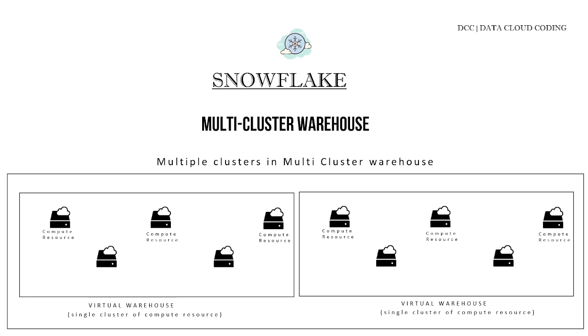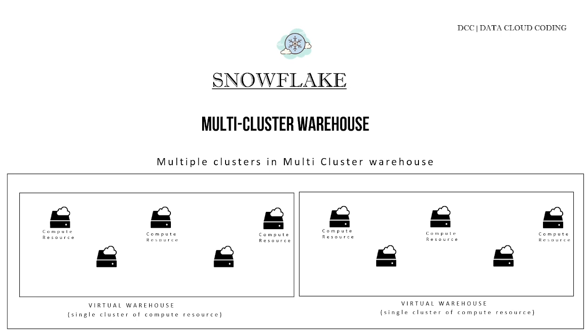We have a virtual warehouse, and we know that a virtual warehouse is a single cluster of multiple compute resources. In a multi-cluster warehouse, we have a combination of clusters.